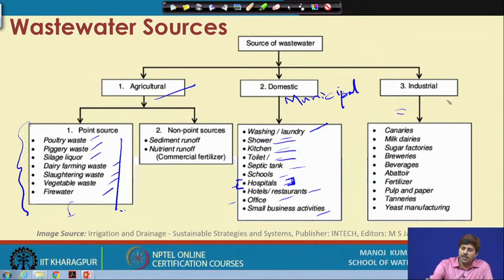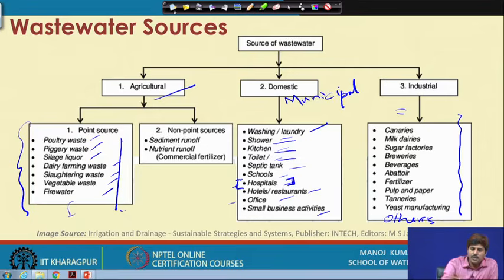Typically the wastewater generated from these industries is referred to as industrial wastewater. So, these are the three major sectors: agricultural wastewater, domestic wastewater and industrial wastewater.